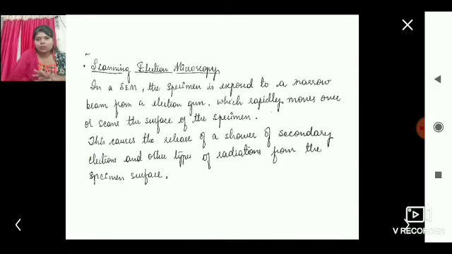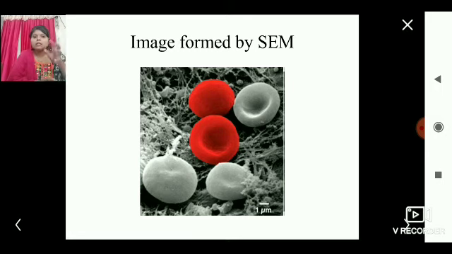We are going to see 3D pictures there. This causes a release of a shower of secondary electrons and other types of radiation from the specimen surface. This is how the image is formed in the SEM.